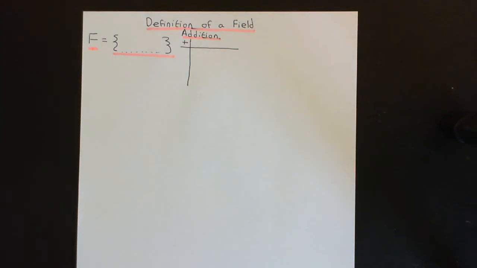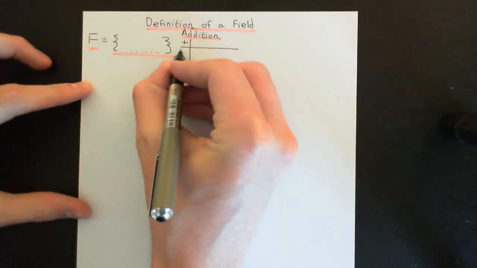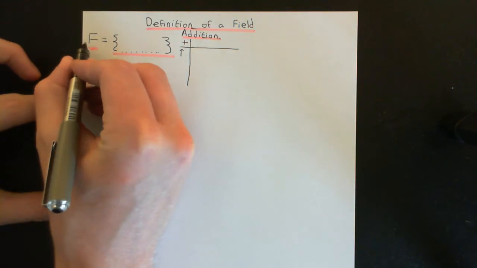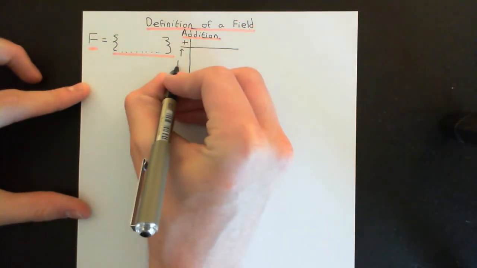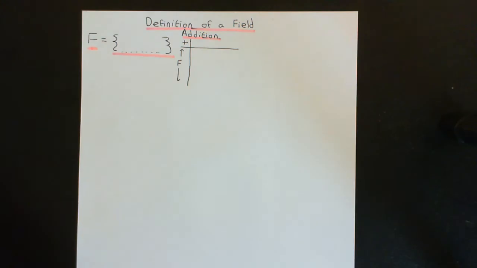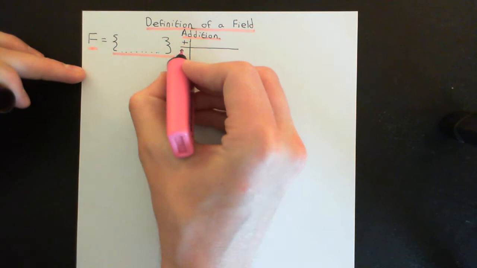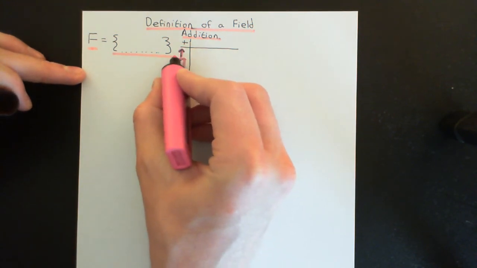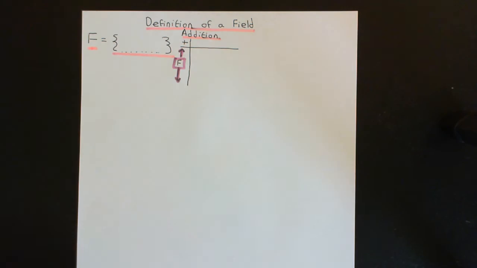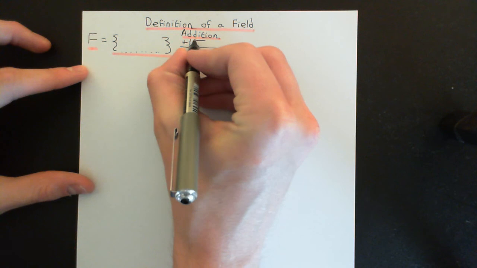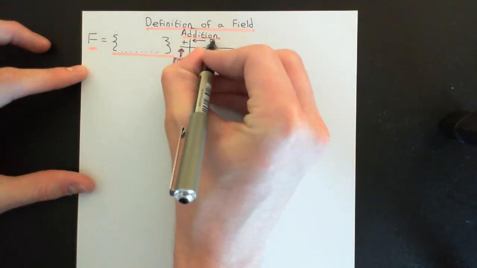Okay, so quite simply what you're going to do then in this composition table is give absolutely all of the elements of the field a row in the composition table. So you'll put all of the elements of the field over here, and I'll get a new colour apart from red on here. So we'll have vivid purple here, so we'll put all of the elements of the field down here. We'll give every single one of them a row in this addition composition table. Similarly, we'll put all of the elements of the field up here as well.